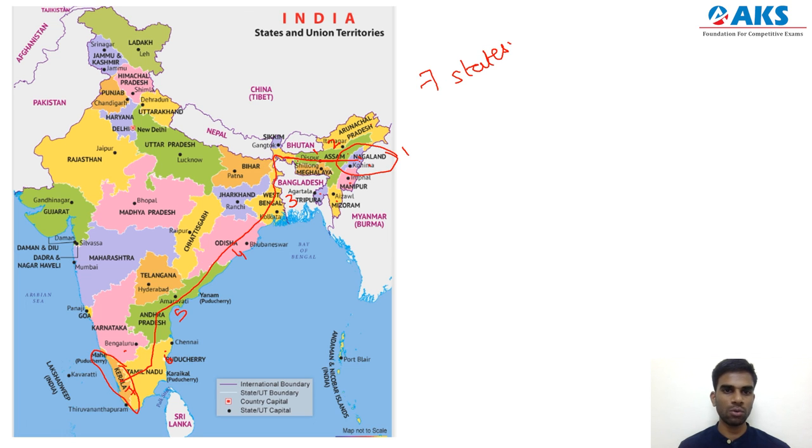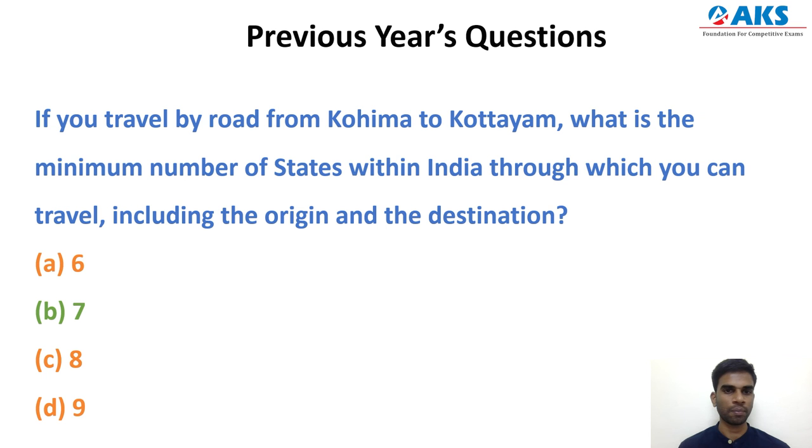If you choose any other route, for example from West Bengal, if you go to Jharkhand, Chhattisgarh, Telangana, Karnataka and then Kerala, you get one extra state. That is, you get 8 or more than 7. So 7 is the minimum number of states that one has to travel through to reach from Kohima to Kerala. So the answer is 7.